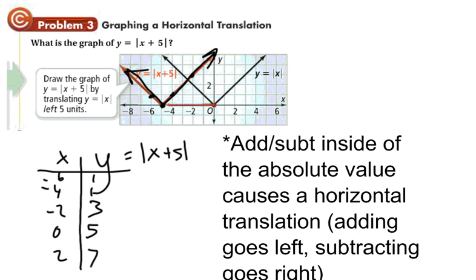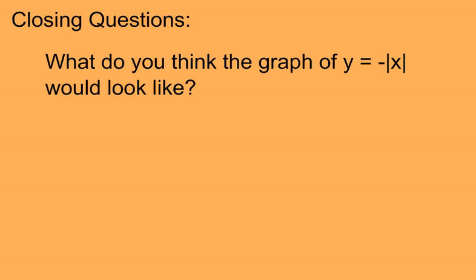And that's actually the last problem I'm going to do. We just want to work on graphing absolute value functions and moving them up and down or left and right. There are some other things you can do to absolute value functions, and that's what's going to get into my last question. What do you think would happen if it was y equals negative the absolute value of x?